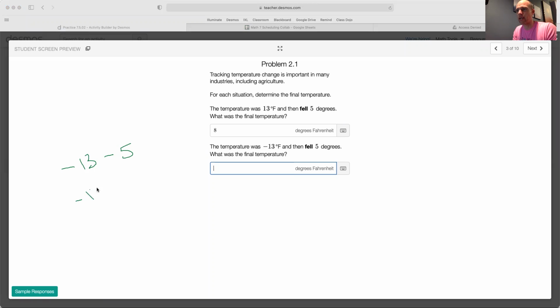It's better to think of it as addition and change this -5 to plus -5. And now it becomes a little more clear that, oh, this is -18. Another way to think about it is a vertical number line. Like let's say 0 is way up here and -13 is like here.